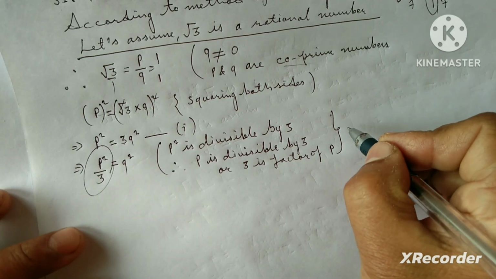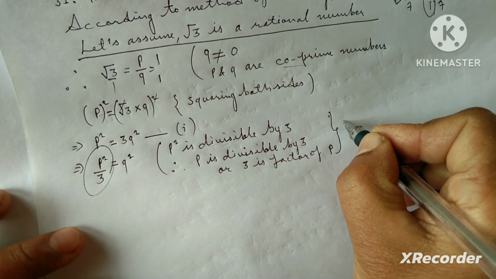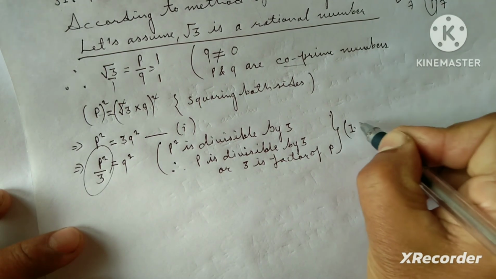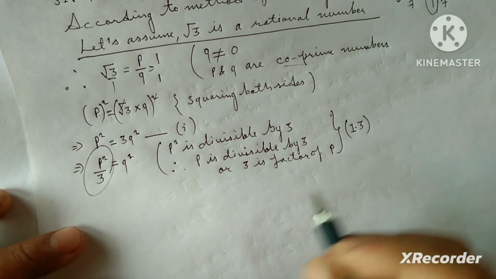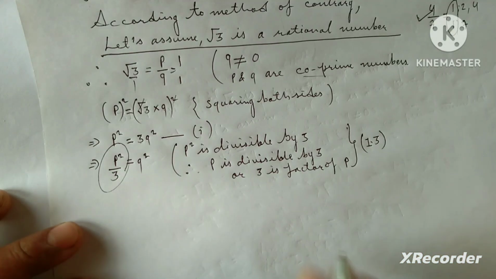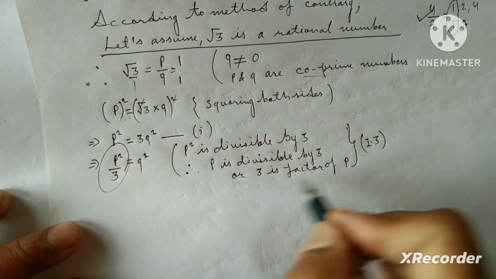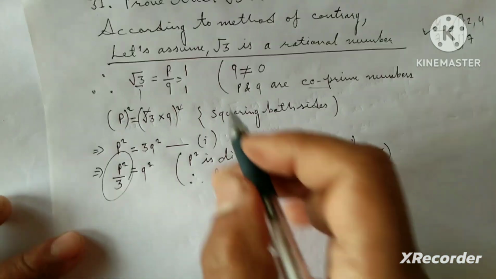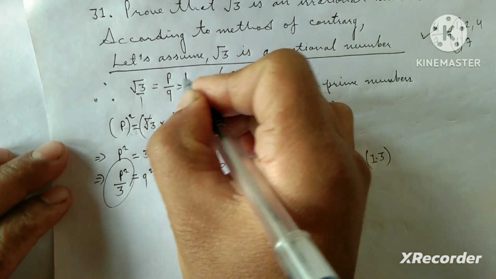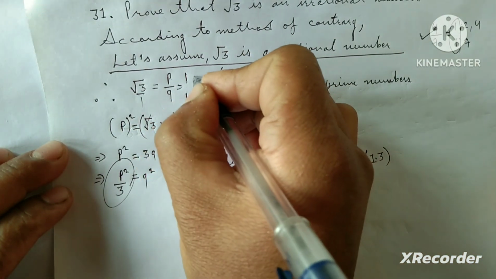According to theorem 1.3 we can write this, and it means 3 is a factor of p. So another factor of p is 3.